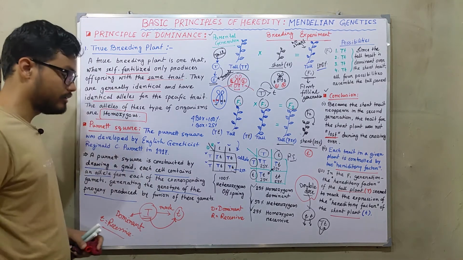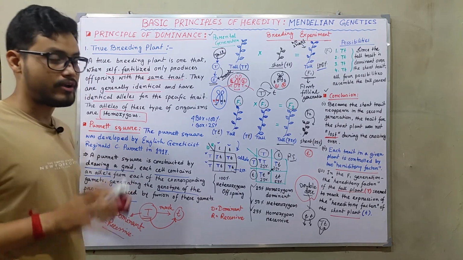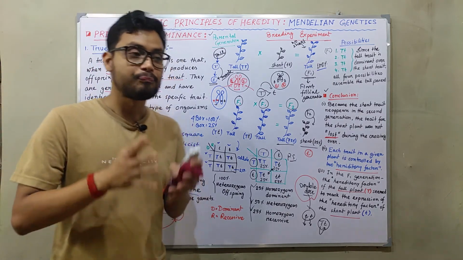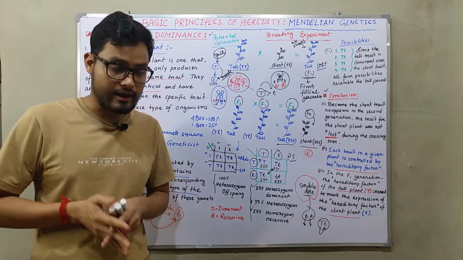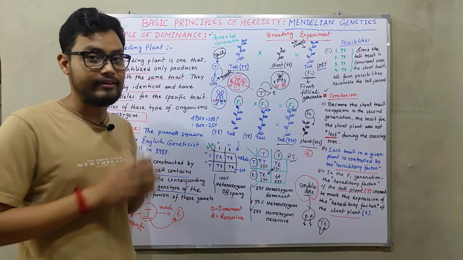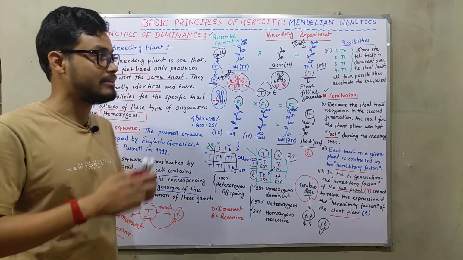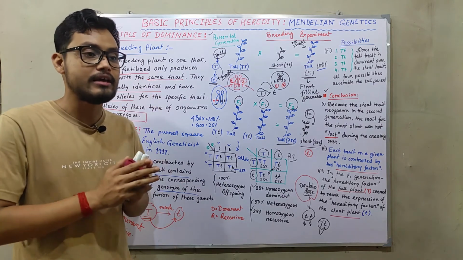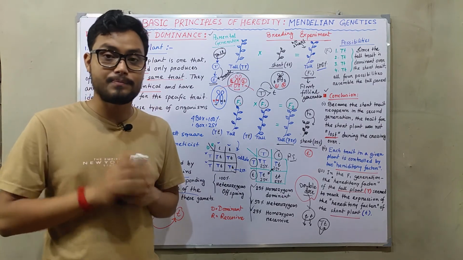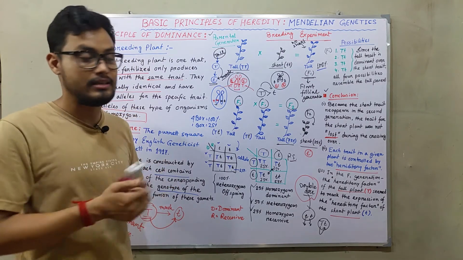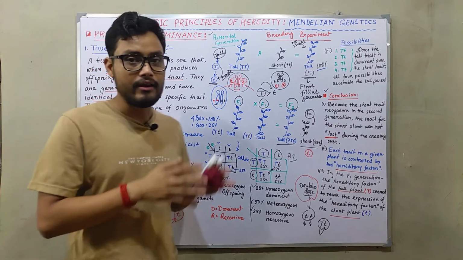This is the principle of dominance, where one allele is dominant over another allele. Dominant alleles express themselves and mask or suppress the expression of the recessive trait or recessive allele. And this is the principle of dominance given by Mendel.